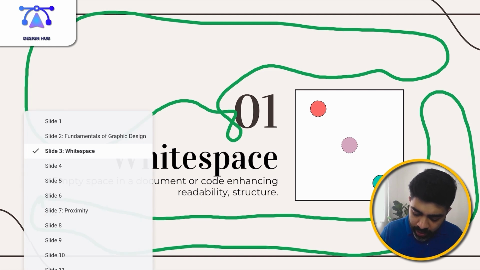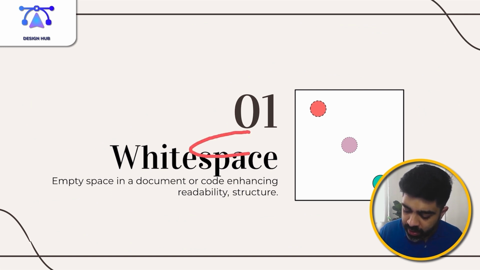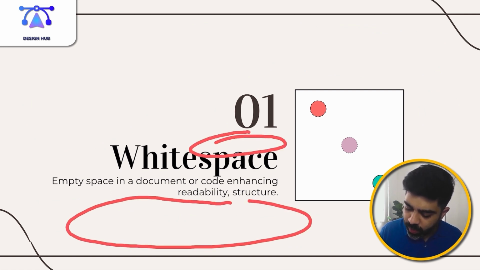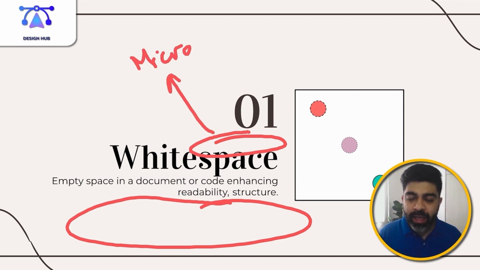Now, when you're working with white space, the one thing that I need you to understand is that there are 2 types of white space. This one and this one. This is basically the micro white space, and this is the macro white space.